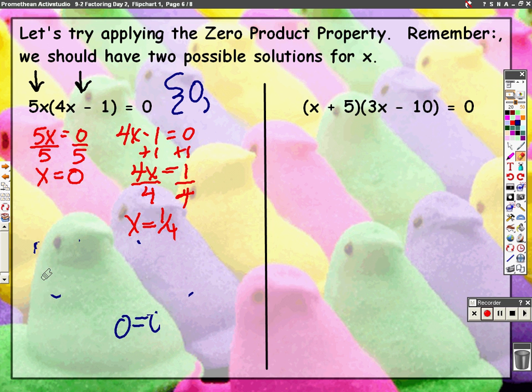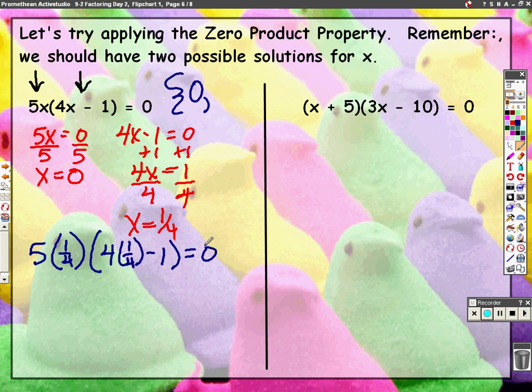And let's check the other solution. So I have 5 times 1/4 multiplied by 4 times 1/4 minus 1 equals 0. And I know that 4 times 1/4 is 1, and 1 minus 1 is 0.